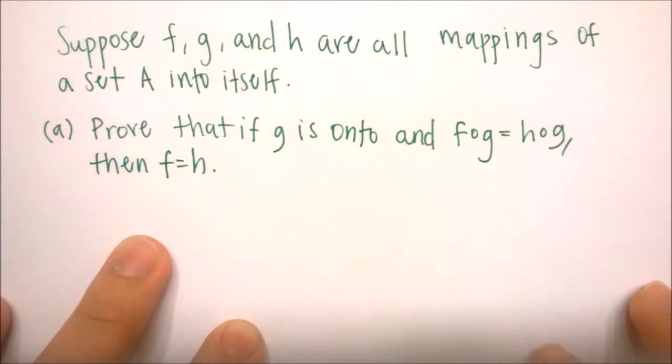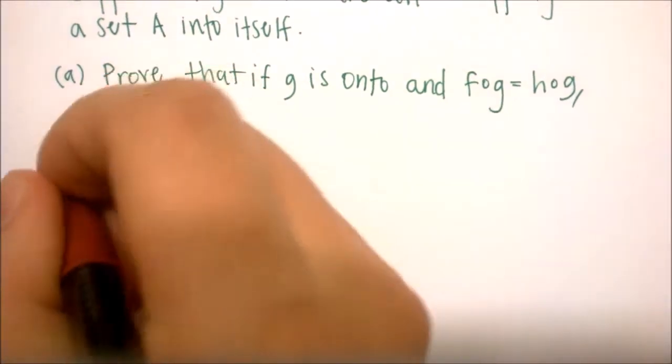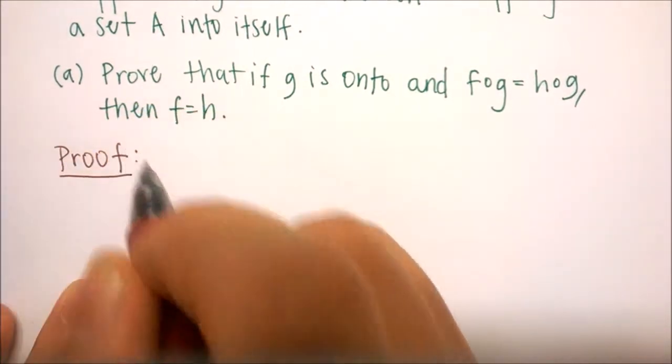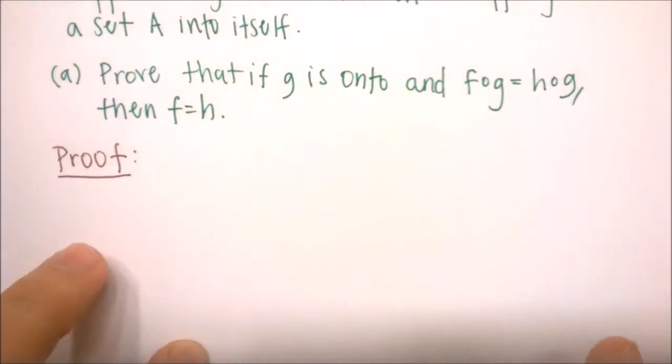So when we get into formal proofs, the first thing we're going to want to do is write out our knowns or our assumptions, the things that we're starting with.